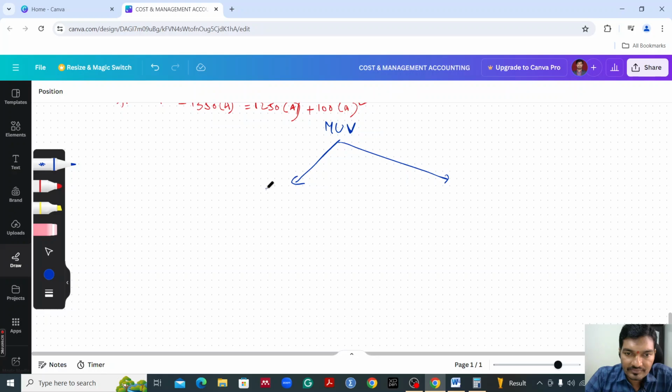One is material yield variance and the other is material mix variance. We can also verify this. Verification: MUV is equal to MYV plus MMV.